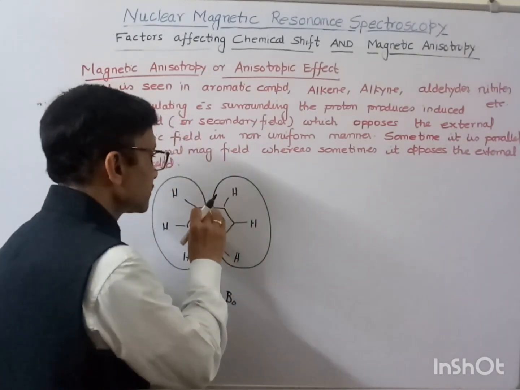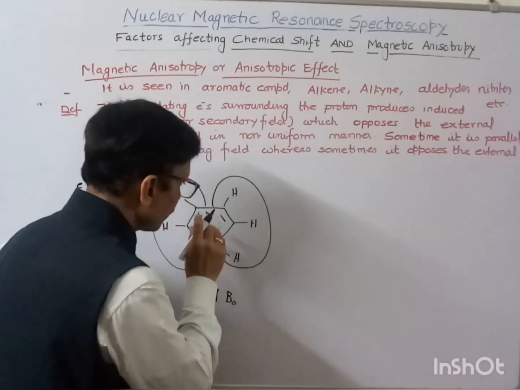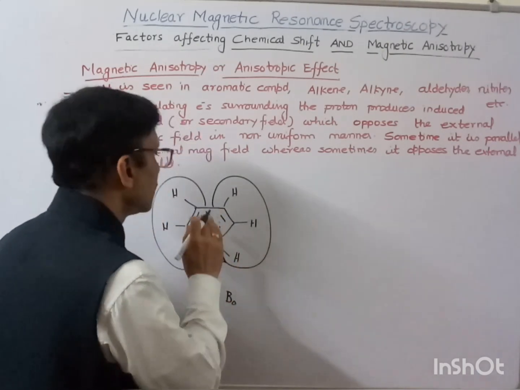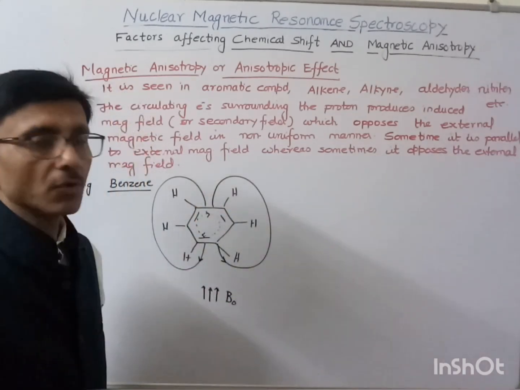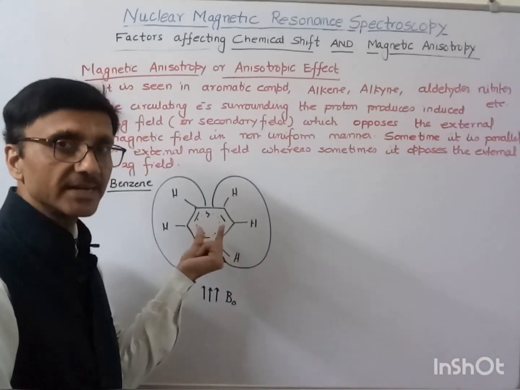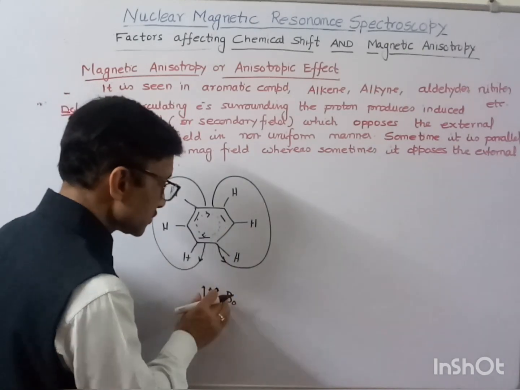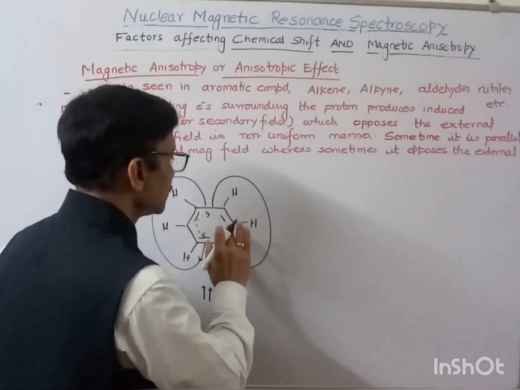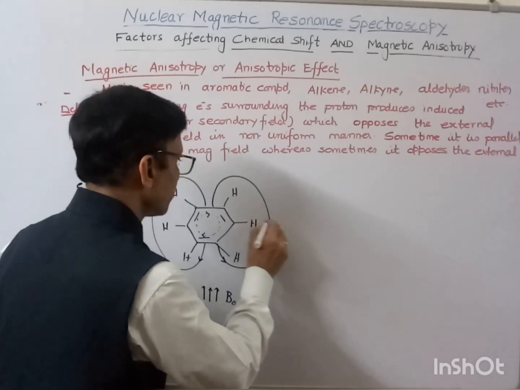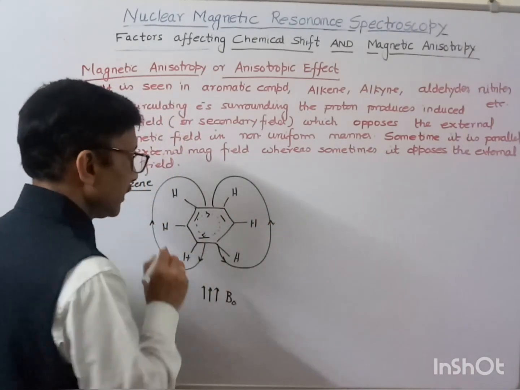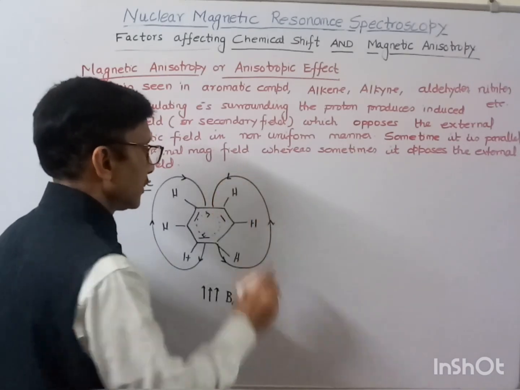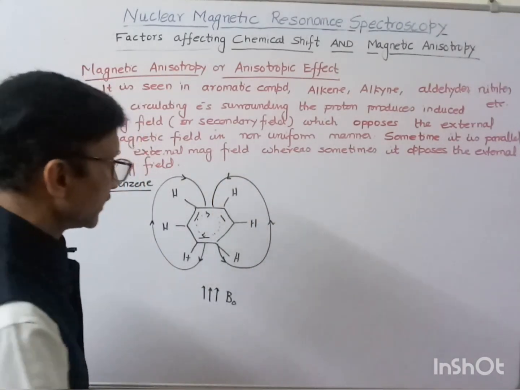This secondary magnetic field is generated in such a way that the region inside the benzene ring opposes the external magnetic field, and the region outside the benzene ring is parallel to the external magnetic field.